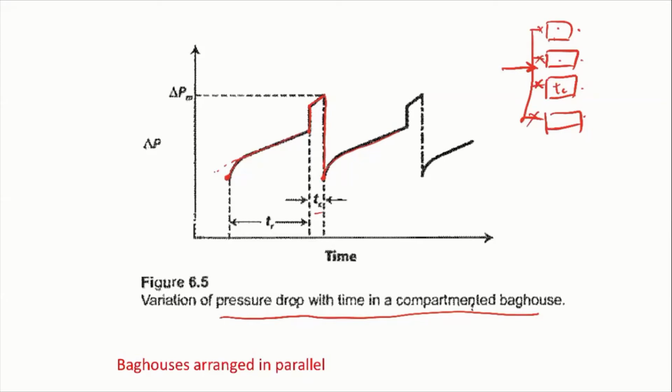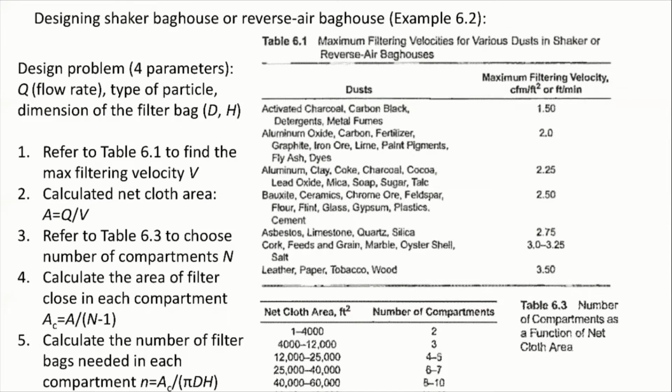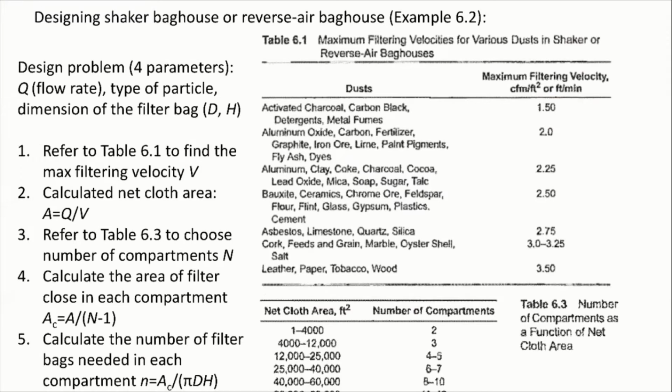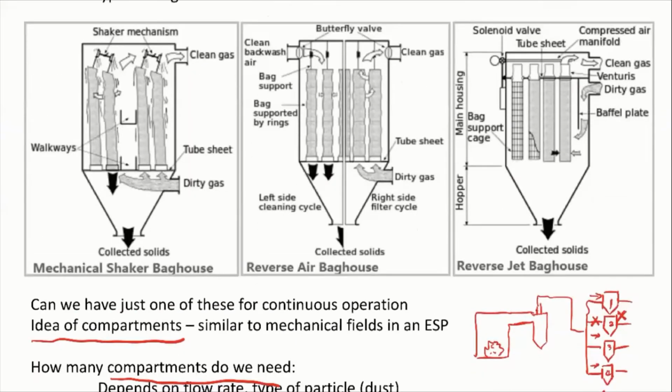Okay. So now we come to the problem of designing the baghouse filters. We're going to focus most of our efforts on the mechanical shaker baghouse or the reverse air baghouse. In general, for these two types of baghouse, the material for the filter media is quite similar. They don't involve very strong materials.